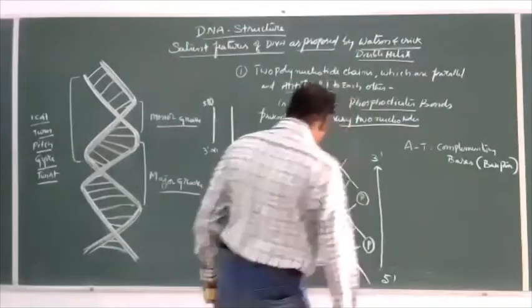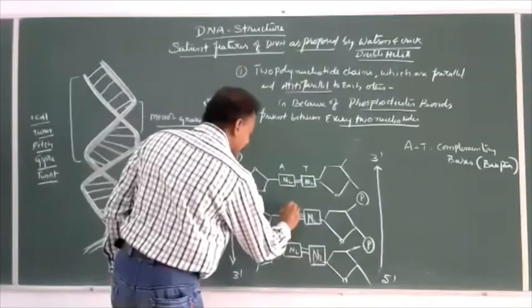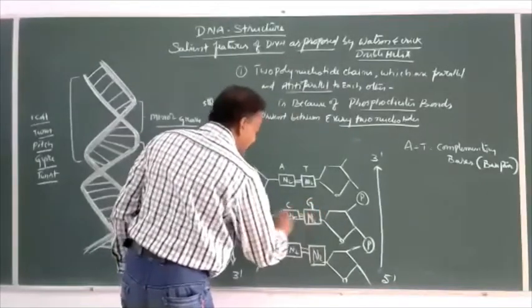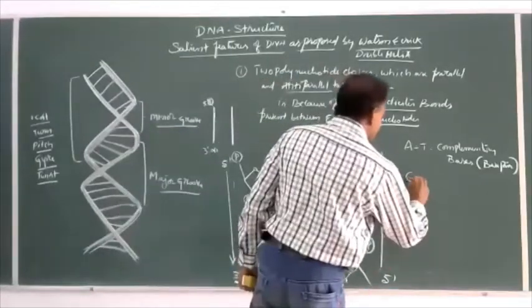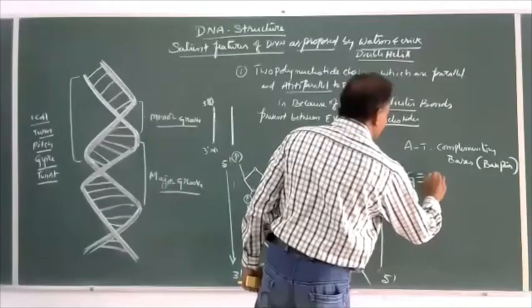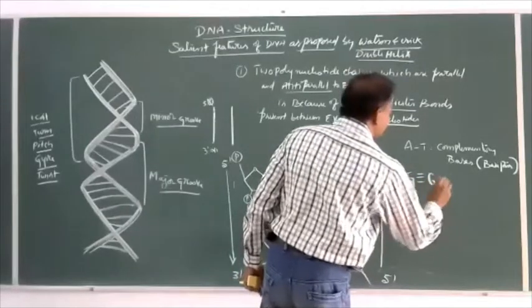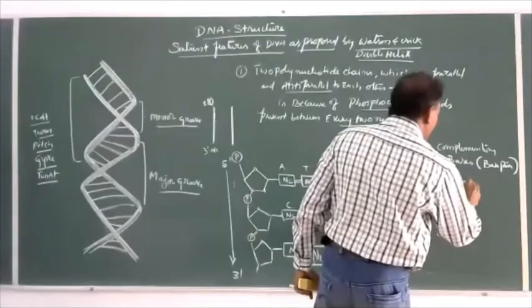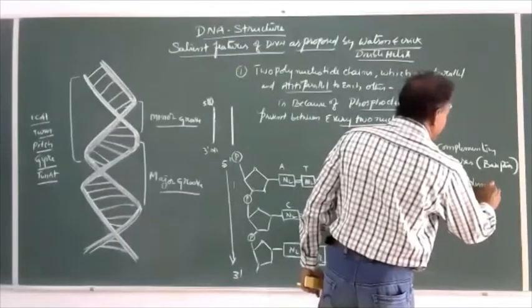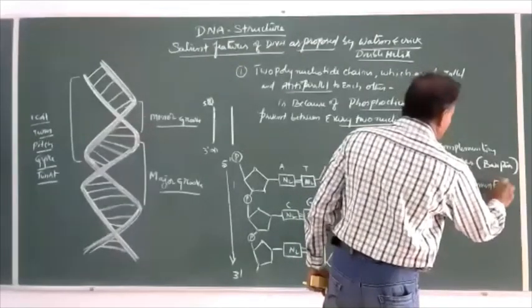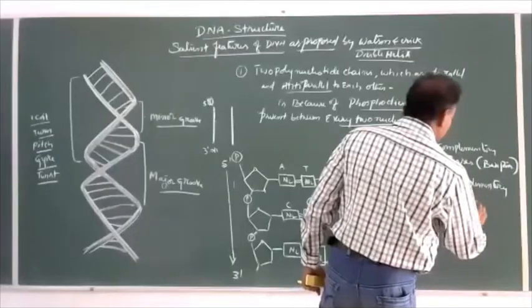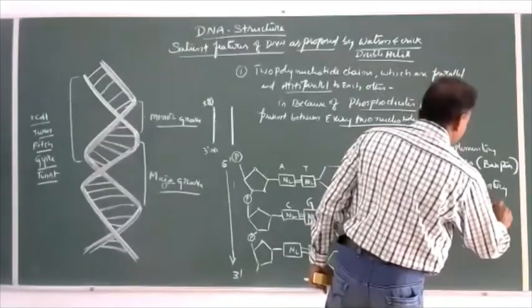In the same way, guanine always bonds with cytosine. These two are called complementary bases, which are called base pairs.